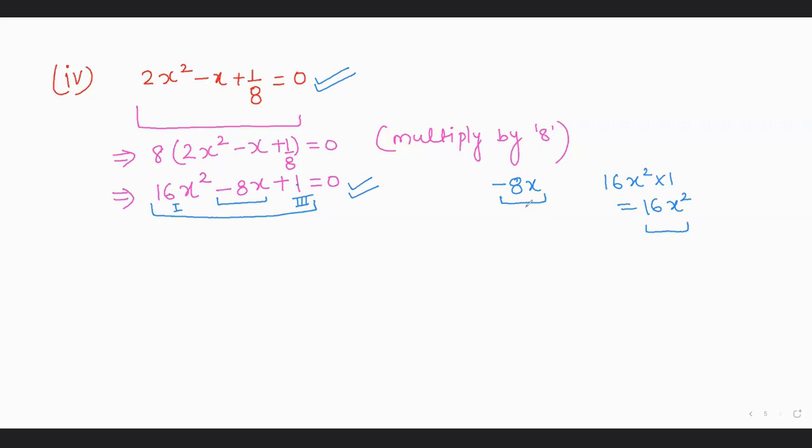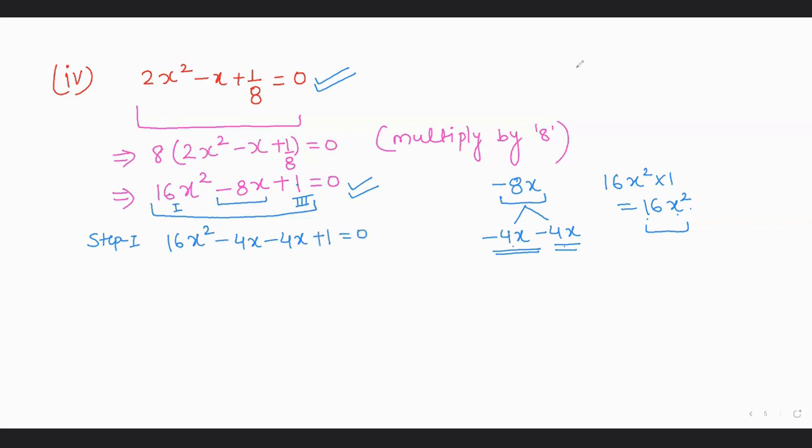Now can you see we can do the factorization like minus 4x minus 4x. So we have these two factors of minus 8x such that their product is 16x square. So now let us write step number 1: 16x square minus 4x minus 4x plus 1 equal to 0.